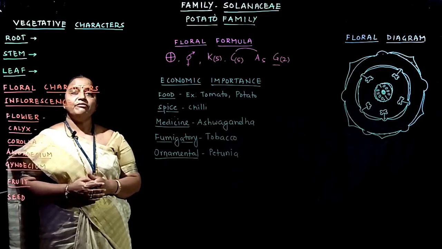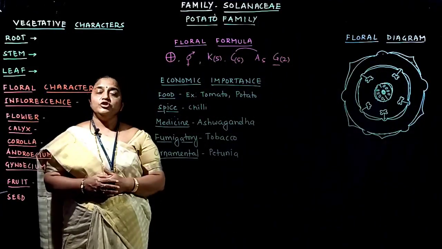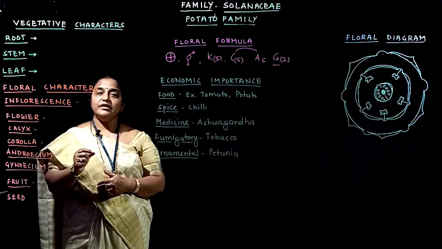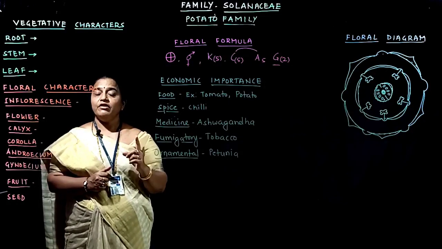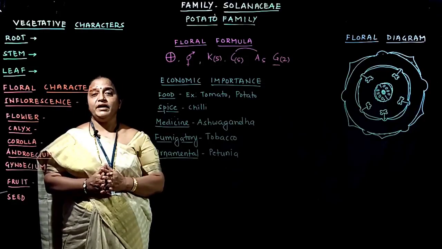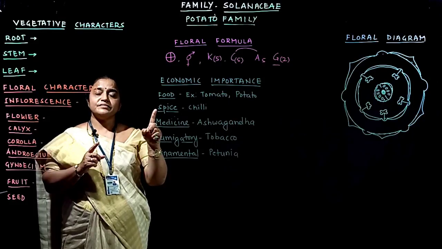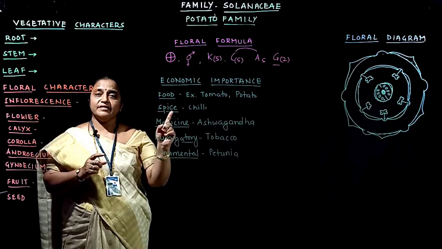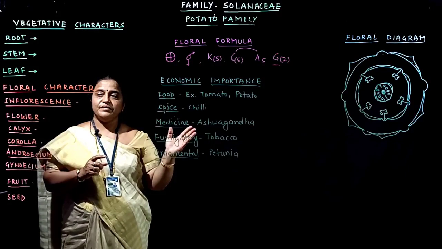Let us study the floral features one by one. This plant usually shows solitary cymose inflorescence. Recall, the inflorescence is a specific arrangement of numerous flowers on the floral axis called the peduncle. Solitary means there is a single flower developing at the apex, and this is the oldest flower, so we call it cymose.